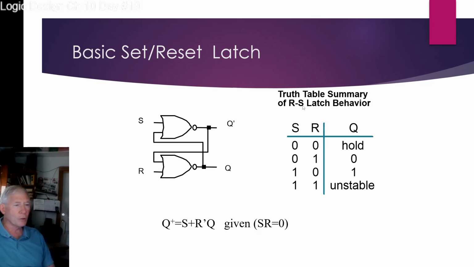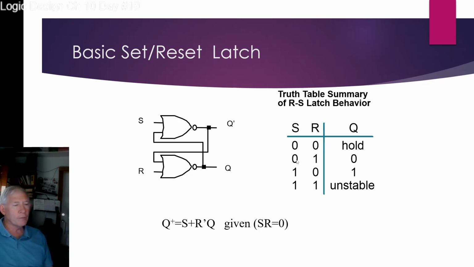And here's our truth table, or you might say more appropriately a state table, because this actually involves the concept of time. S and R are our two inputs, and if they're both 0, whichever one of the stable states this latch is in, it will stay in that state.